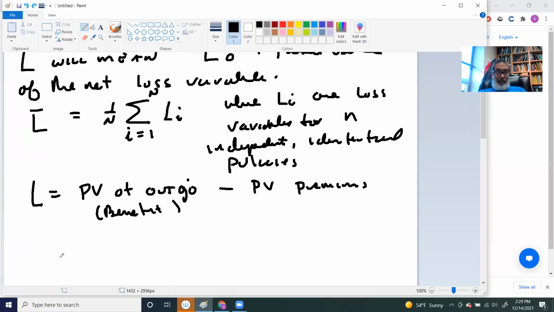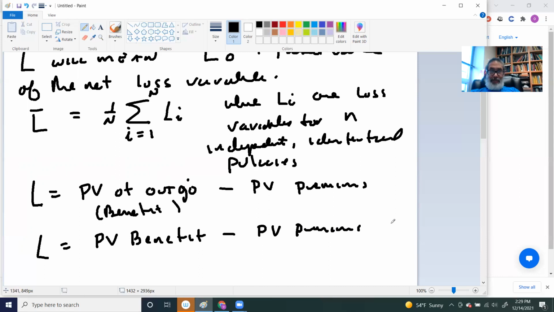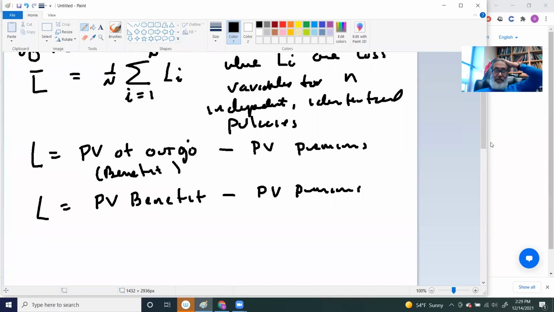But typically, the loss here will be the present value of the benefit minus the present value of the premiums paid. I know I already wrote that down, but I want to make that clear. But these are present values.